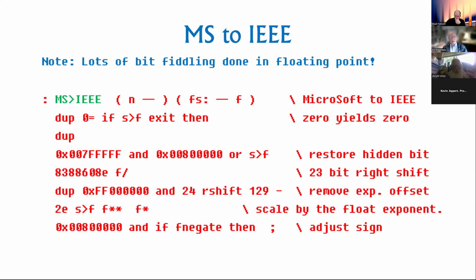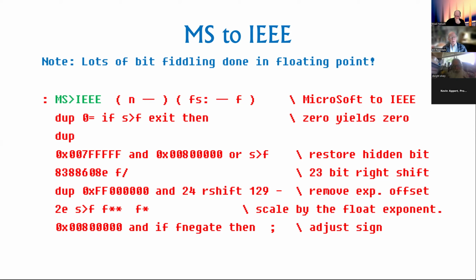There's a right shift, a 23-bit right shift. And notice this is done in floating point. So you have a lot of fun learning how to think in Forth binary and execute as floating point numbers. But that division there, done on the floating point stack, does a right shift.